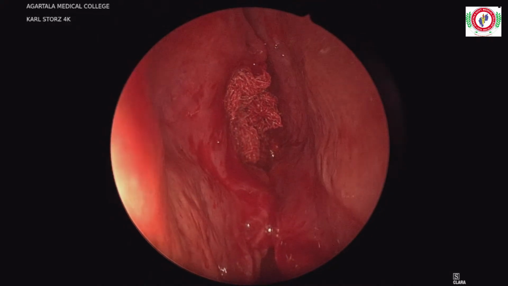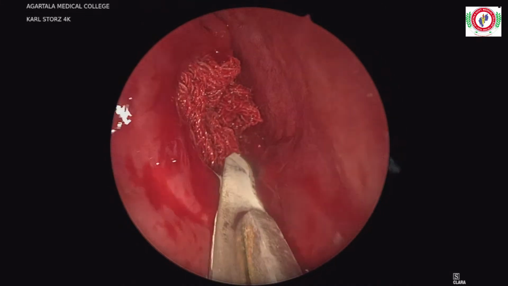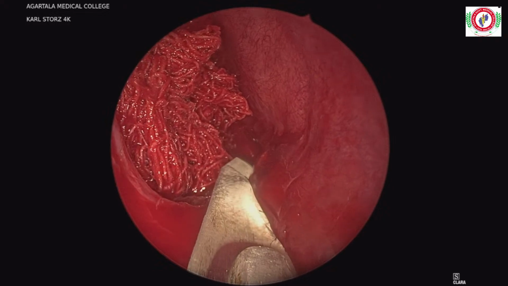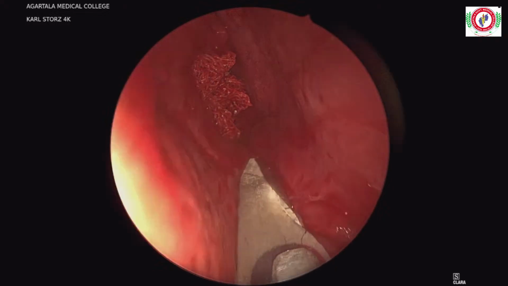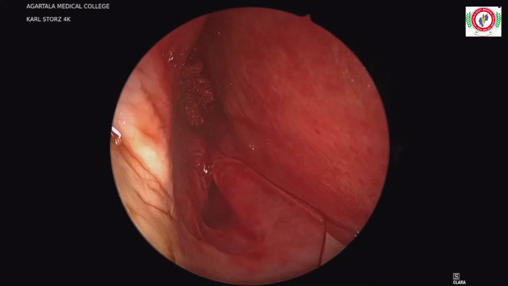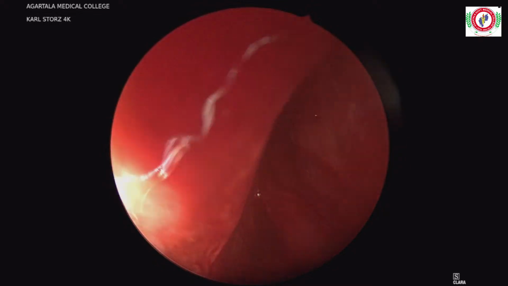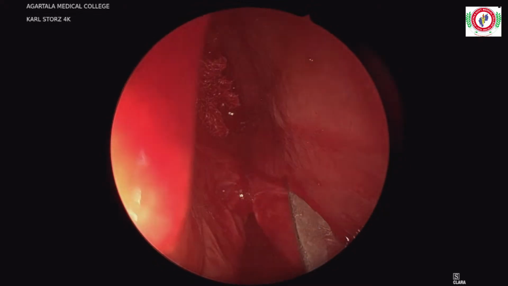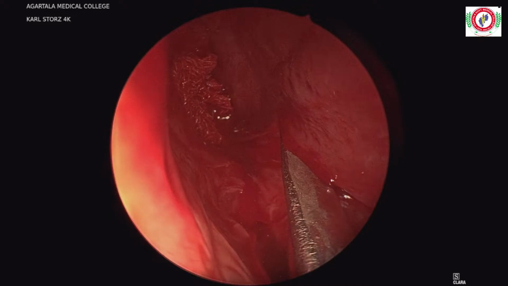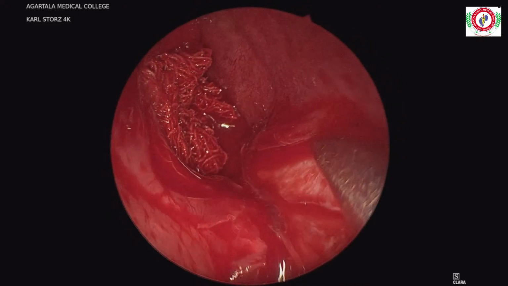Yes. So can you, if you know, please answer this question? Endoscopic modified Denker's is a combination of endoscopic medial maxillectomy and removal of the part of the pyriform process and elevator.